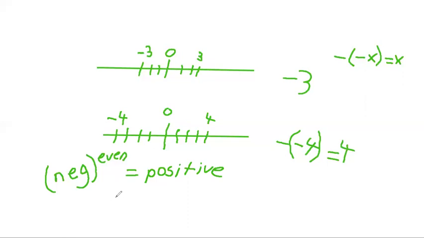Now, if you have a negative raised to an odd power, as you may have surmised, again, this isn't very deep, but it's kind of neat to know why, in my humble opinion. If you have a negative number raised to an odd power, then there will always be one minus left. The minus signs will offset in pairs to produce positive, but there will always be a negative left.